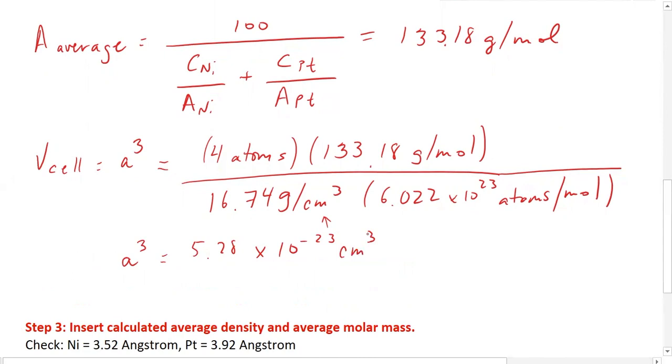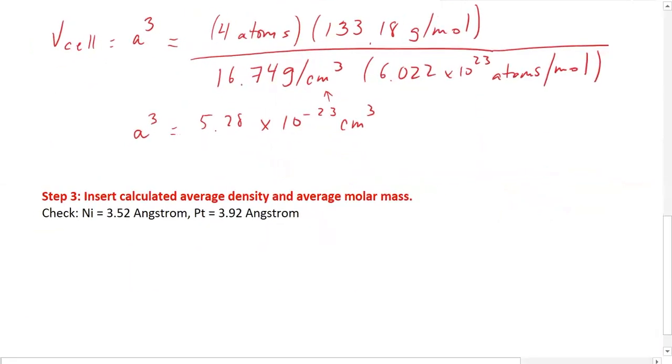This is an extremely small number and not how we conventionally display units for unit cell edge length. And so we could convert this to nanometers by first taking the cube root to get a is equal to 3.75 times 10 to the negative 8 centimeters.